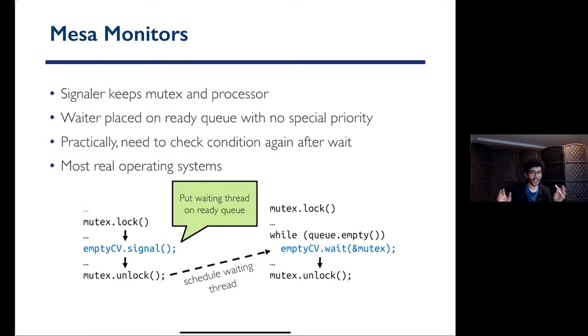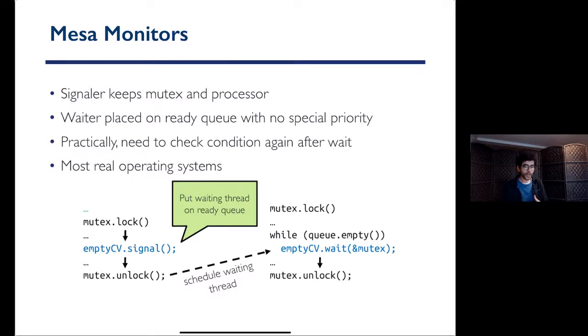Now let's compare Mesa and Hoare. Mesa is a lot easier to implement. If you're writing a library, let's say pthreads, and you want to implement monitors, it's much easier for you to implement Mesa.